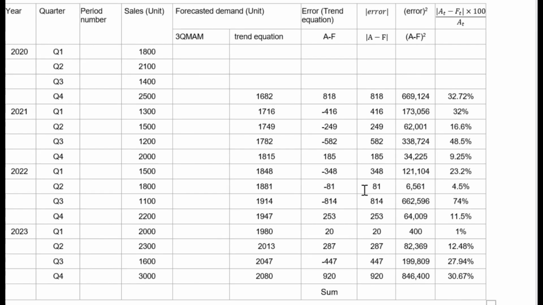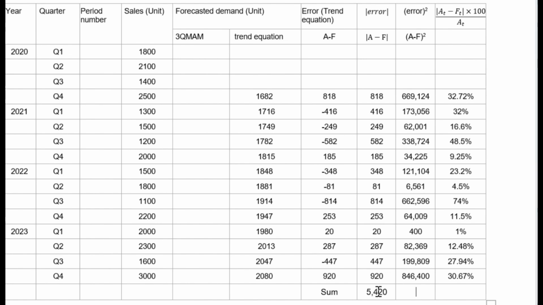After finishing the calculation of the absolute value of the error, the square of the error, and the percentage of the error for all periods, we have to calculate the summation of all of them. The summation of the absolute value of the error is 5420.